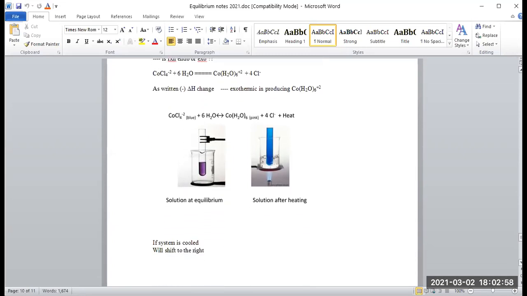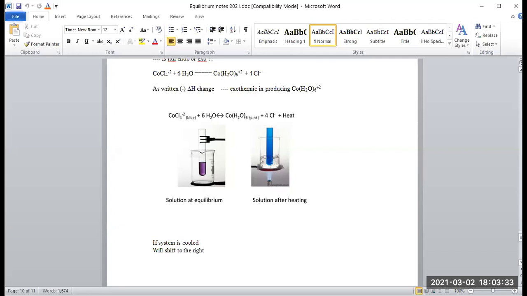And I found a cool little picture to give you a visual for this. Cobalt chloride is kind of a pinkish purple shade. The cobalt with the ligands of water is, and actually, I just realized I literally cut and pasted this from a website, and it says solution after heating.